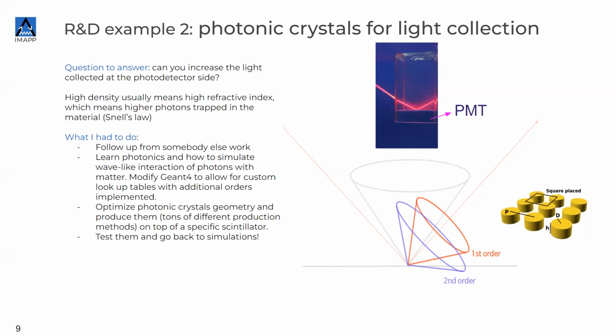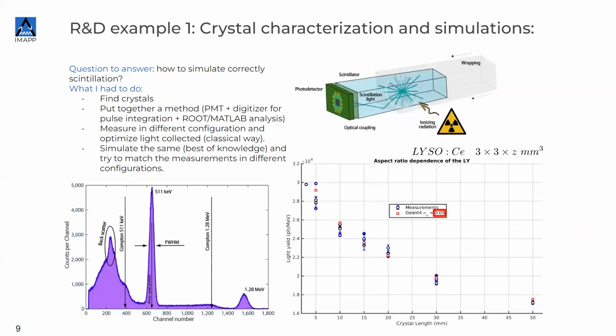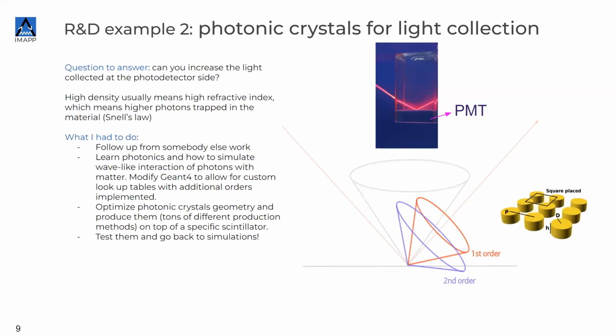So I had to merge these two codes together, and then use it to understand what was the best configuration possible for that specific crystal, which I had characterized very well just before. So I used my own work as well, my own experience.